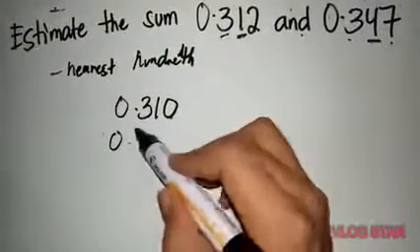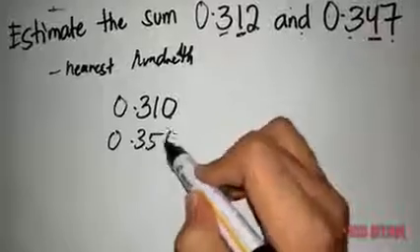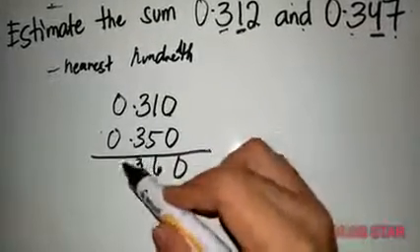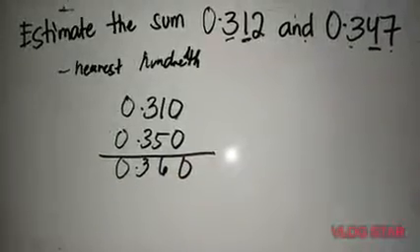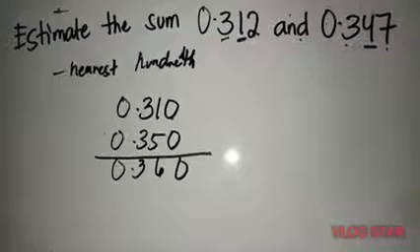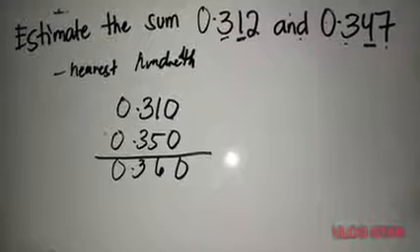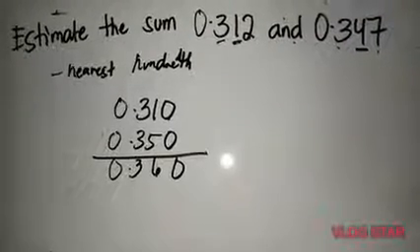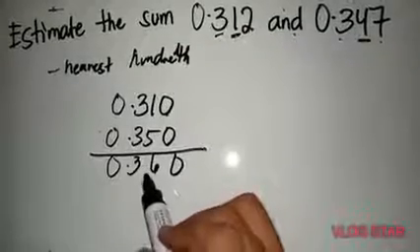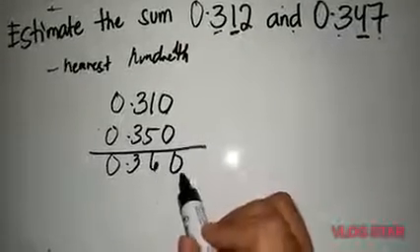So 0.35. Then add. So the estimate sum of 0.312 and 0.347 when rounded to the nearest hundred is 0.360.